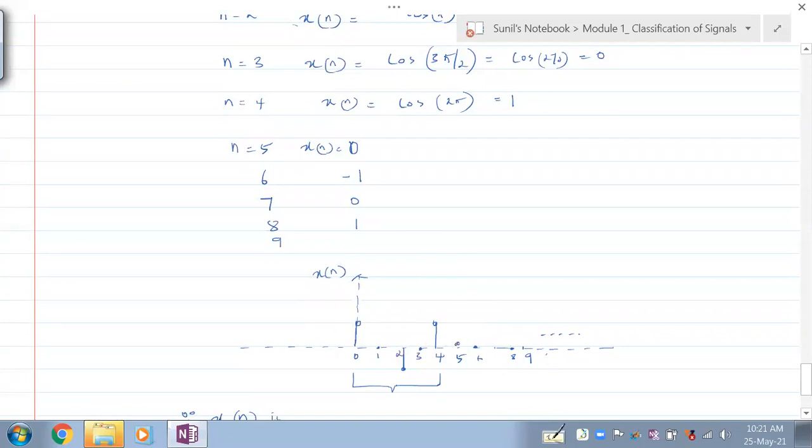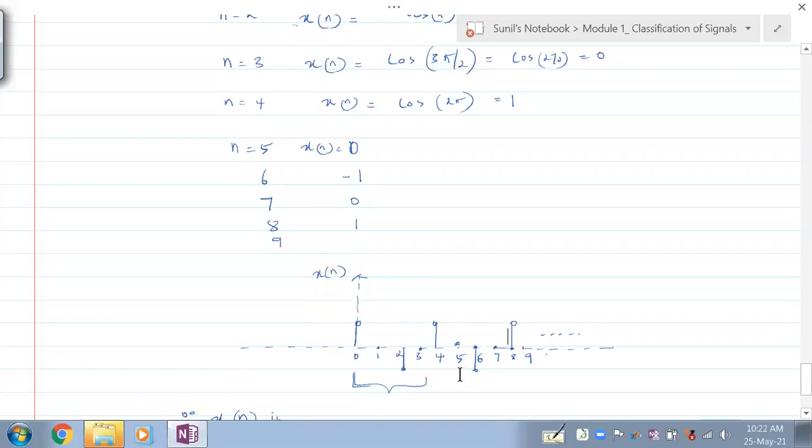This is 0. At 6, it is minus 1. At 7, it is 0. And from where to where is the repeating pattern? The repeating pattern is from 0 to 3. Understand? The same pattern would repeat here, and again there is 1 coming here.